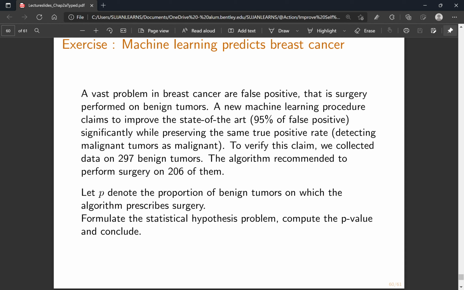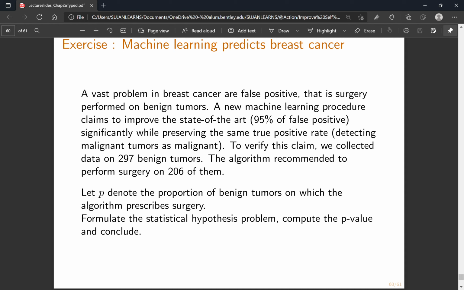They don't take any risk, and they will go through surgery. Now we have a new machine learning procedure that wants to reduce the false positive rate from 95% to below.